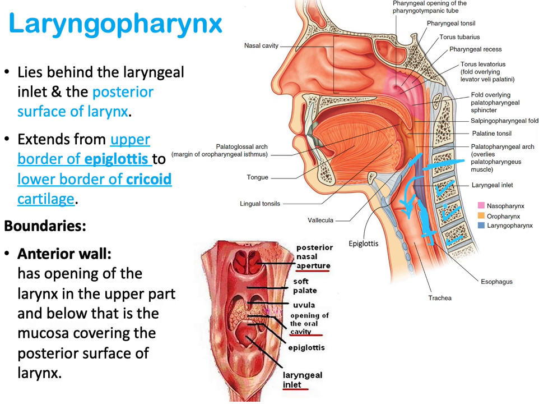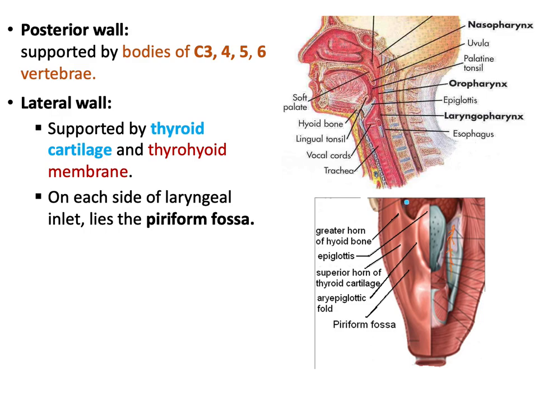That means 3, 4, 5, 6, the lower border of C3, just to remember that. And the lateral wall, look at the location here. You are looking at the larynx from the back, a posterior view of the laryngopharynx, up to this level, right?